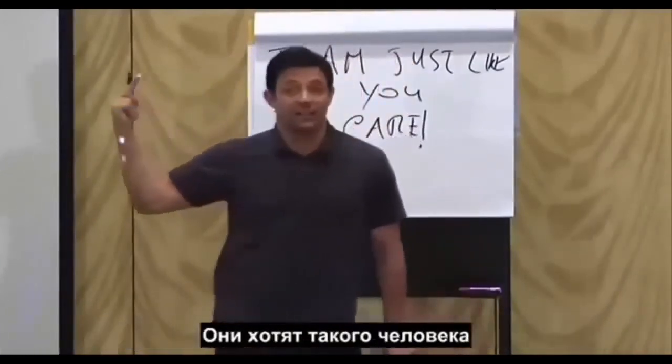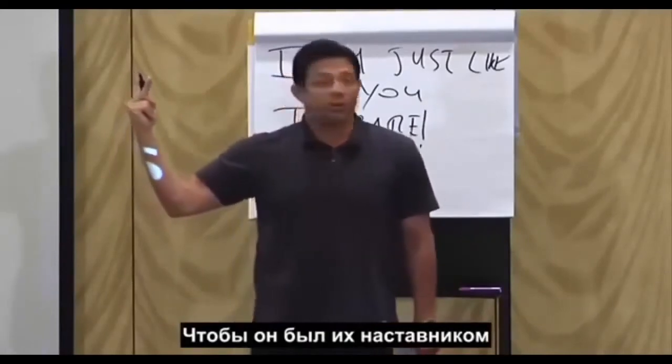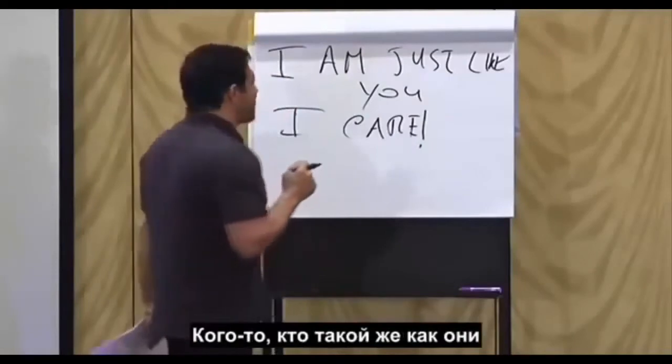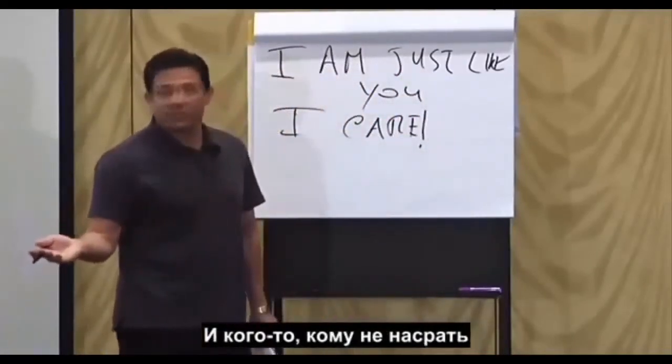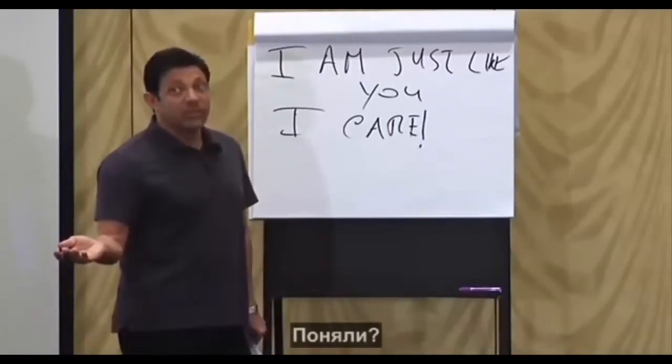They want that guy or girl to be their guide, their mentor. They want that. But what they also want is somebody who's just like them and somebody who gives a damn. It's not just there to sell them something. Get it?